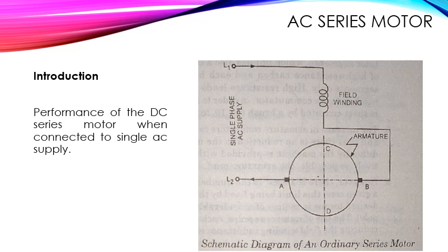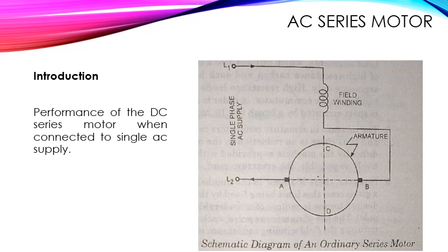As we know, in DC machines the developed torque is directly proportional to the product of flux and armature current. So if we want to reverse the direction of rotation of the motor, then we have to reverse either the direction of the flux, meaning the direction of the field current, or the direction of the armature current.